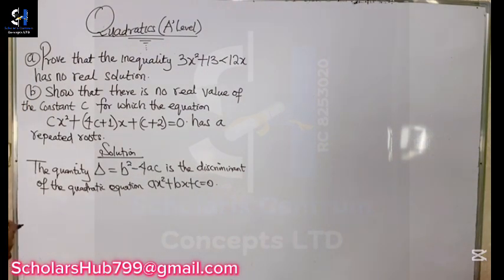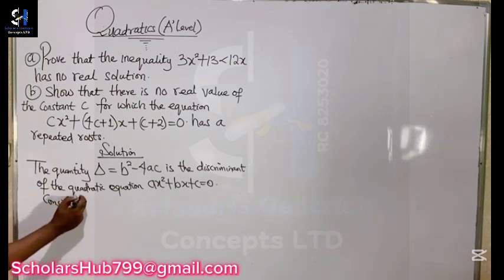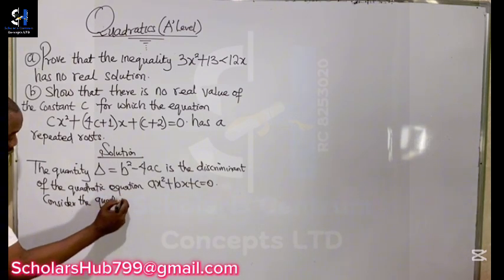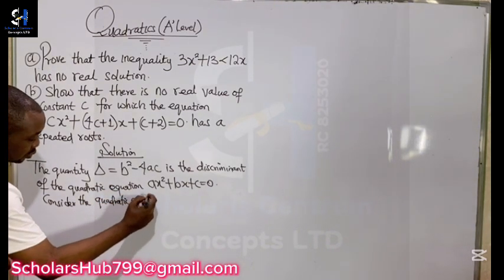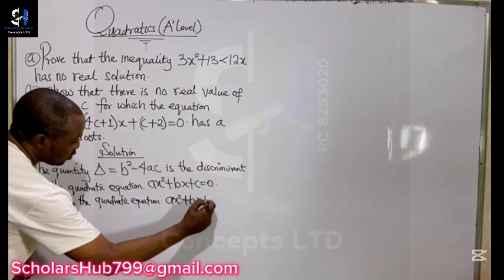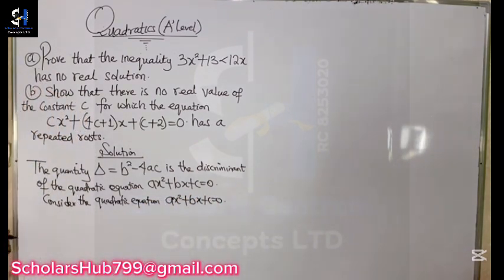Let's talk about discriminants now. Consider the quadratic equation ax² + bx + c = 0.